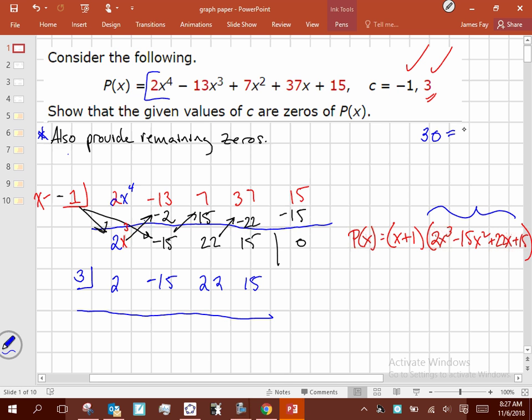Because 30 is equal to its prime factorization, was it 3 times 2 times 5? Does that make sense? And because of the commutative property, it doesn't matter the order of the 3, 2, and 5. Okay? So through division, it doesn't matter whether I divided by negative 1 first or I divided by 3 first. Does that make sense? And then it also does not matter whether I go back and plug that 3 into the original p of x, the 2x to the 4th minus 13x cubed plus 7x squared plus 37x plus 15, and divide that by 3 right out of the box.